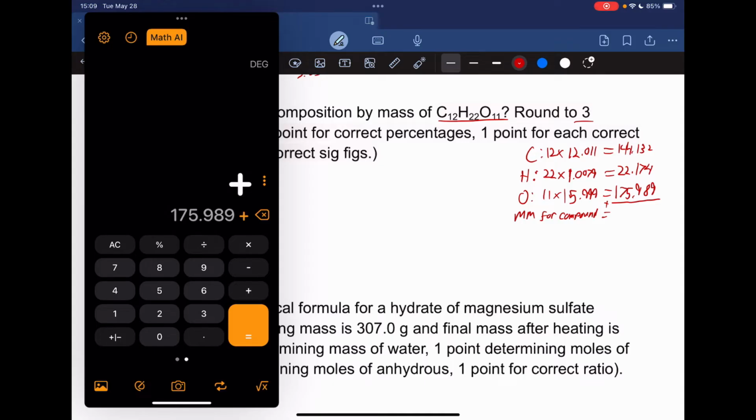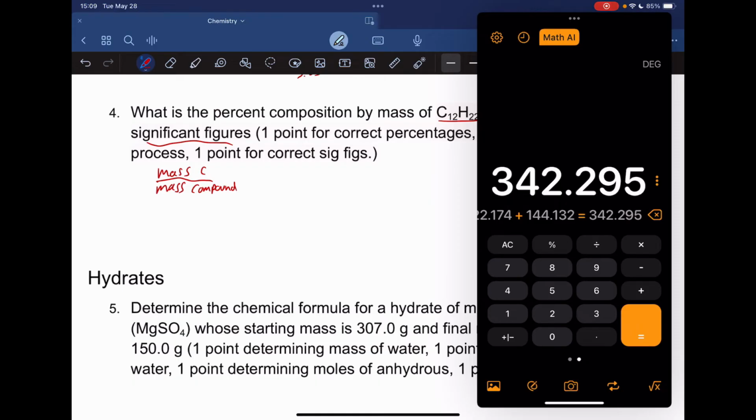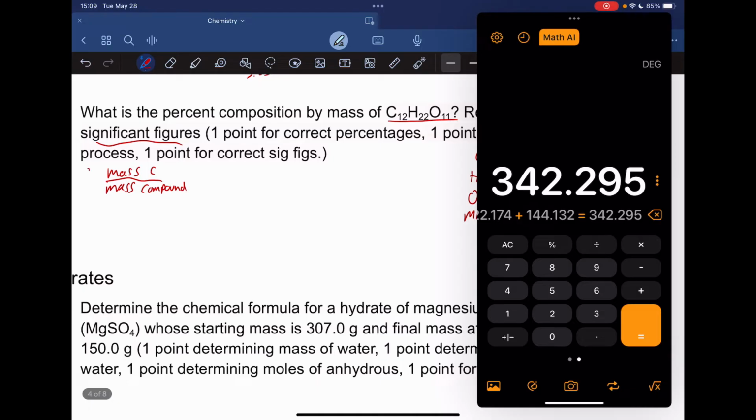So add the previous answer to 22.174 plus 144.132 equals the total molar mass of the entire compound, 342.295. All right, now that we got that number, we can come back to here, and let's take a look at carbon's percentage. It is going to equal the mass of carbon divided by the total mass of the compound.